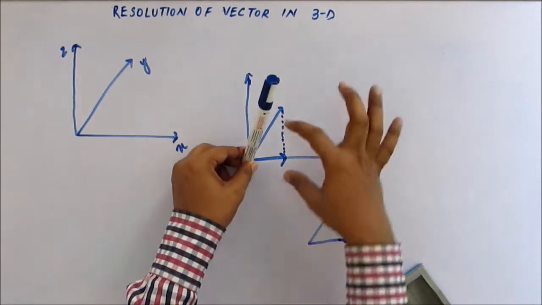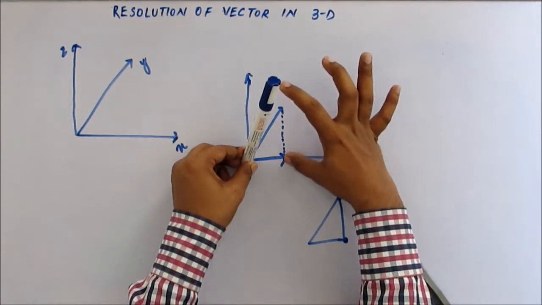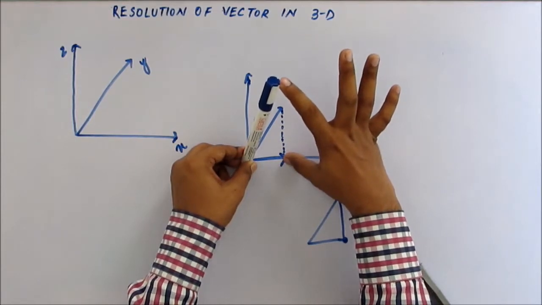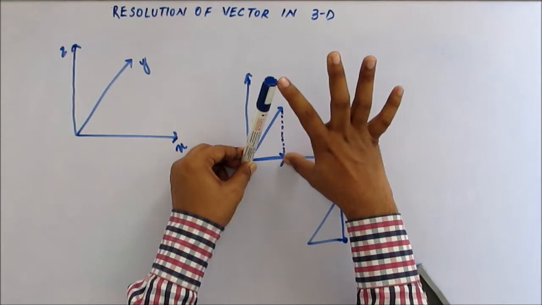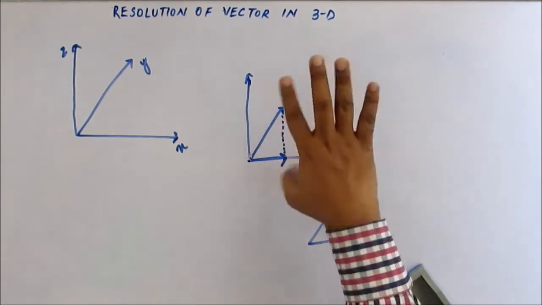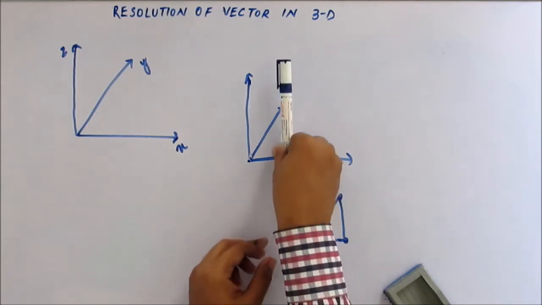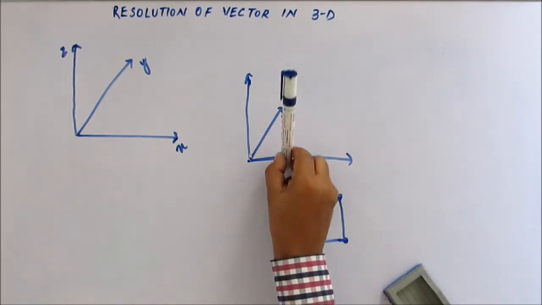Now see, if you lift this line upwards, stretching it and lifting it, then the head of this line will coincide with the head of this line. So what I'm doing is lifting this line upwards. The line is kept like this, and I'm lifting this line upwards like this.